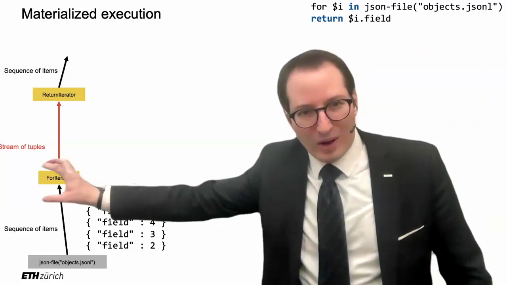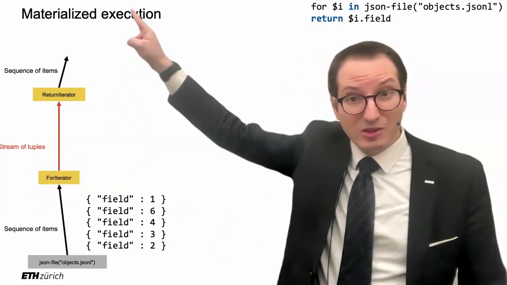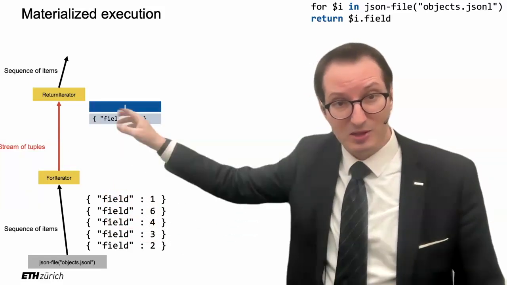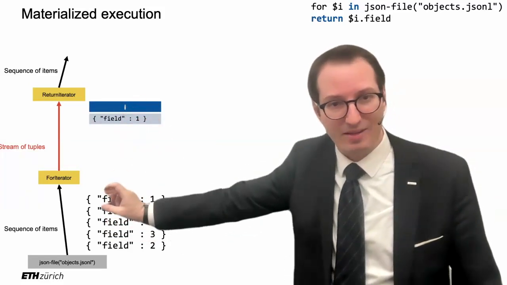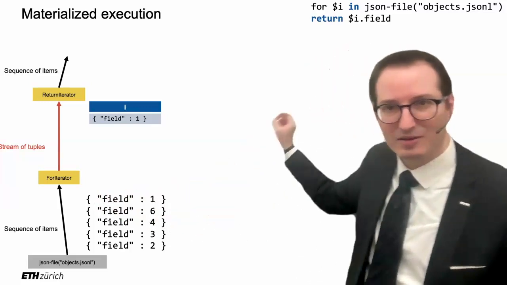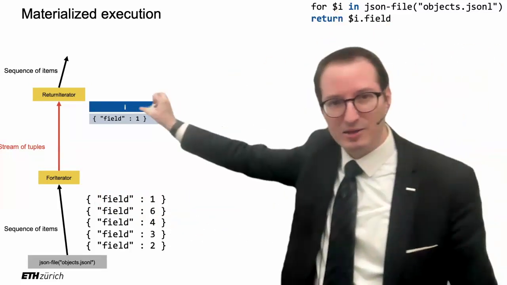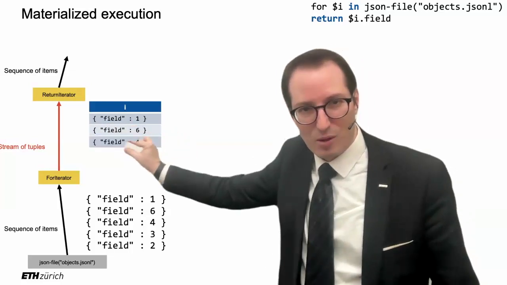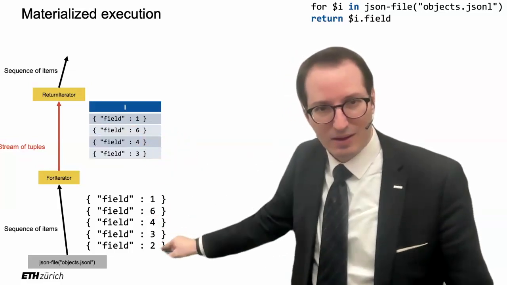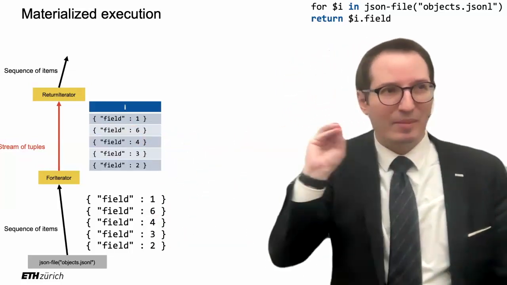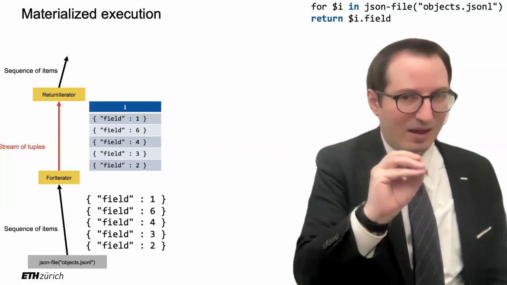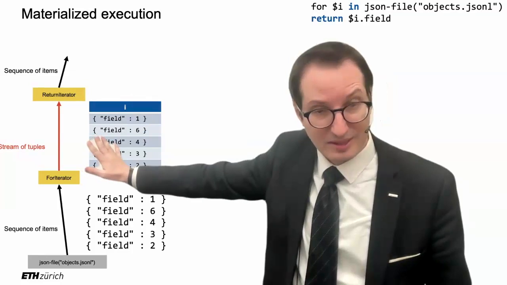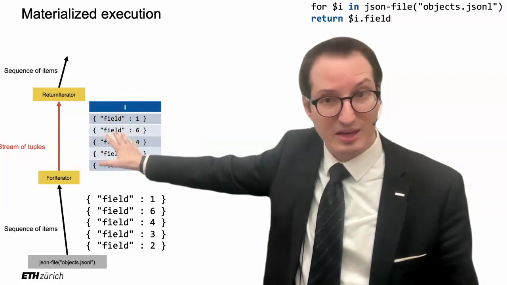Now, what this iterator will do, if this is a materialized execution, is that this here is going to be materialized. It means that I take the first object that comes from here and I bind it to I. So this is the first binding, right? Then a second one, then the third one, and this one, and this one. Why am I saying it is materialized? I'm saying it's materialized because this actually is a structure that exists in the memory that looks exactly like this.